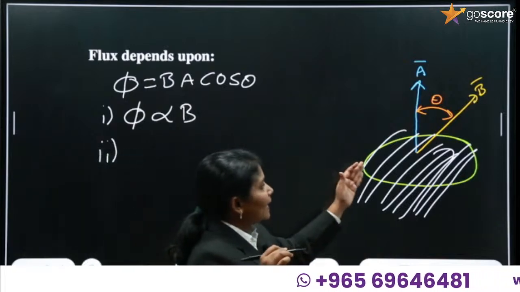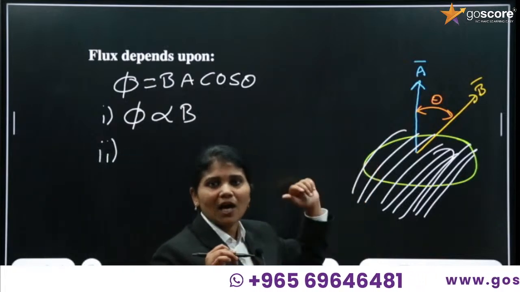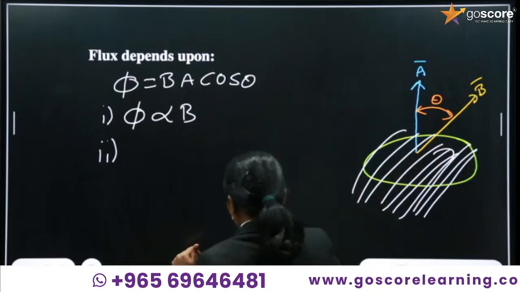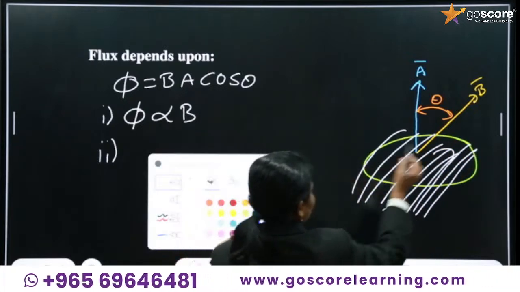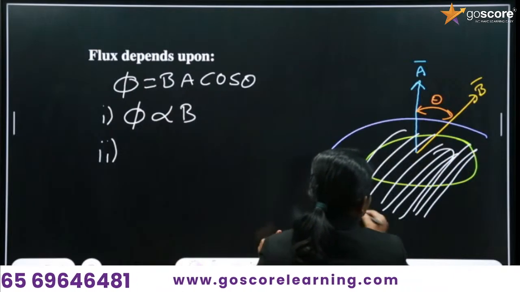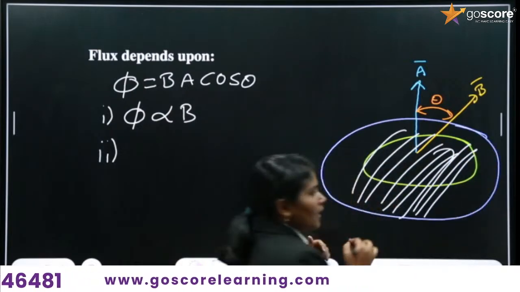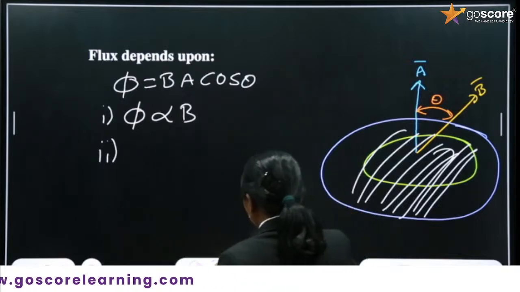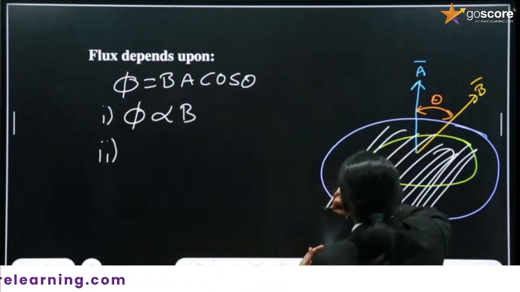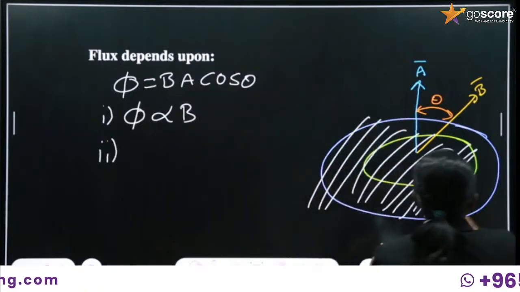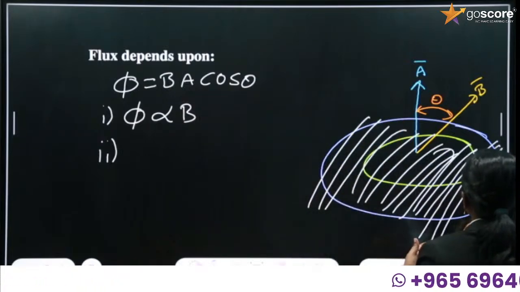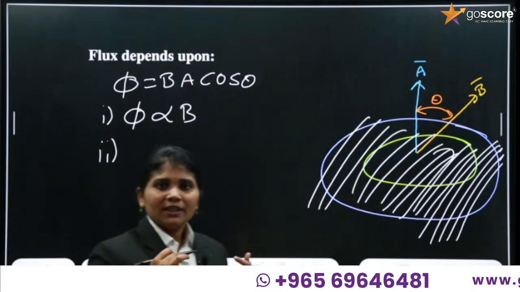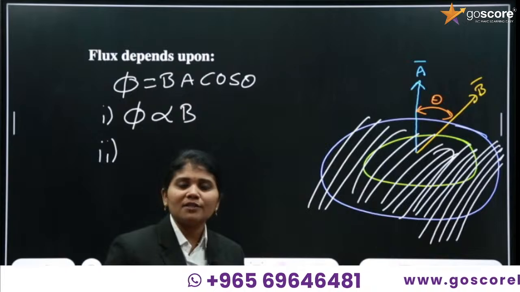It depends upon the area also. How? Area will be increased. See guys, I am increasing the area. What is happening? More magnetic field lines are passing through it.